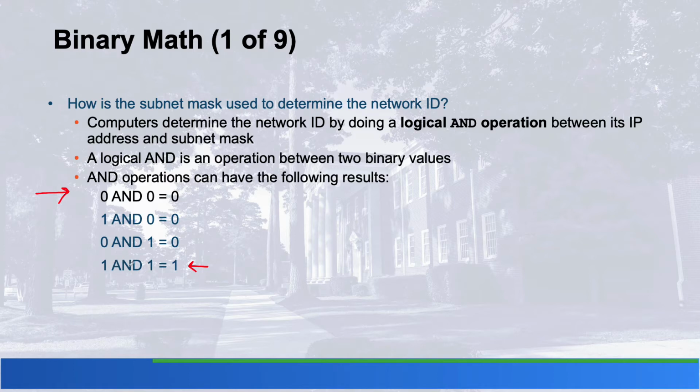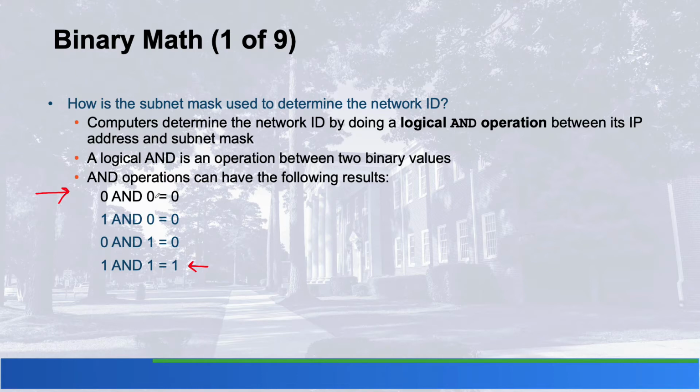Think about AND, right? When somebody offers you something, they say, do you want milk and cookies? That means both, right? There's another function called OR, where I get a 1 if either of the numbers is a 1. This function is AND, so AND means both have to be true, or have number 1. So that's how you AND two binary numbers.